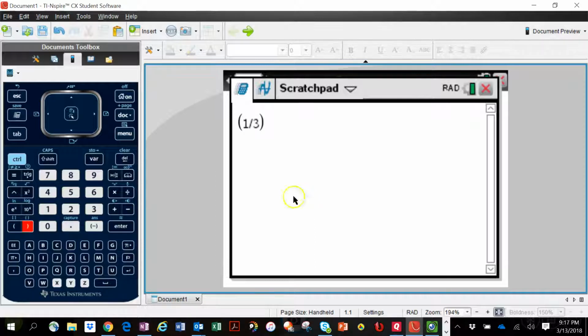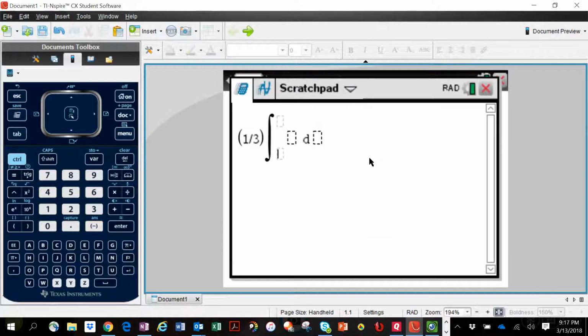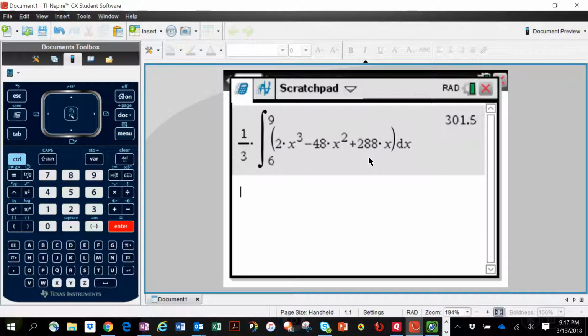We're going to do 1/3, menu, calculus, numerical integral, from 6 to 9, 2x cubed minus 48x squared plus 288x. Integrate with respect to x, and you're going to get 301.5.